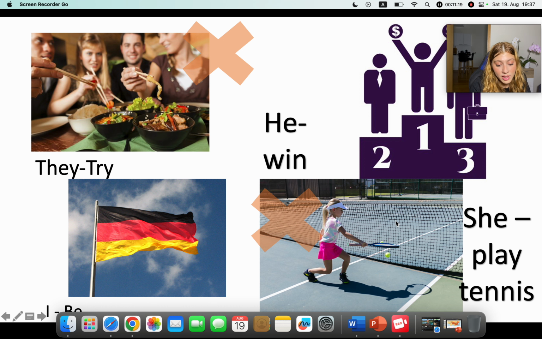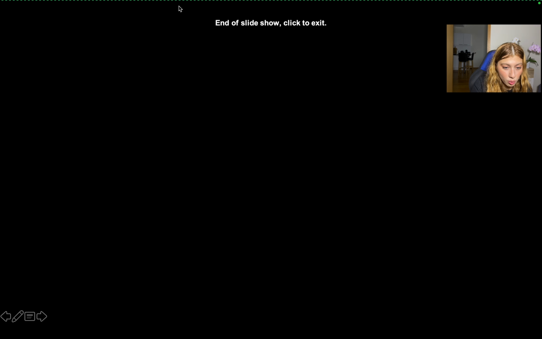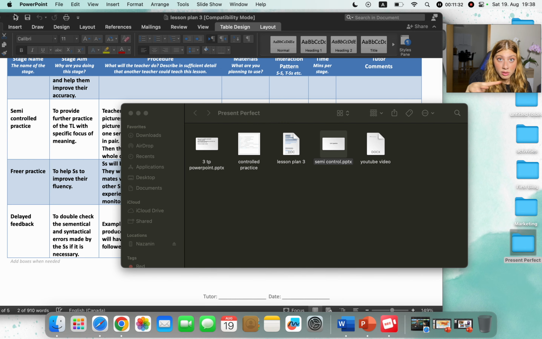And about this one, a negative sentence for the girl. They are going to do it again individually, and then you are going to put them in pairs for pair check, and then whole class feedback will always follow.